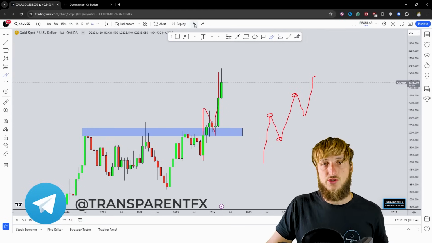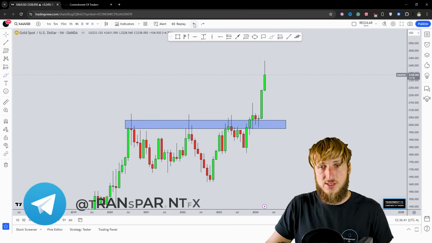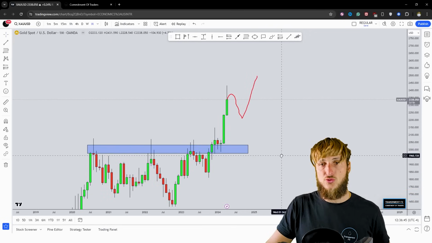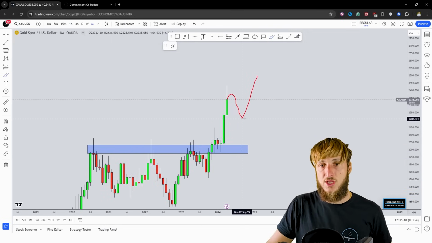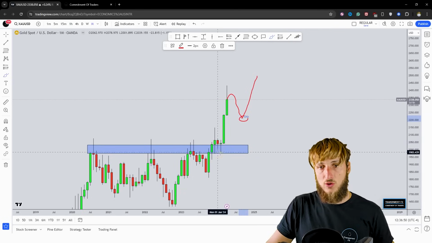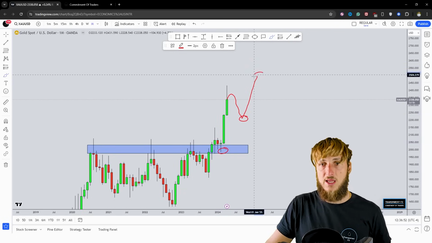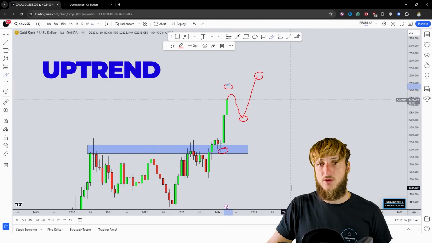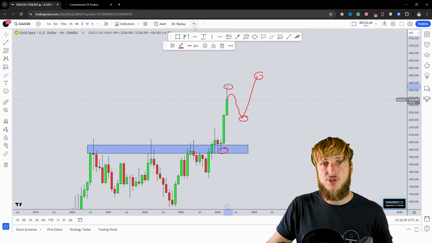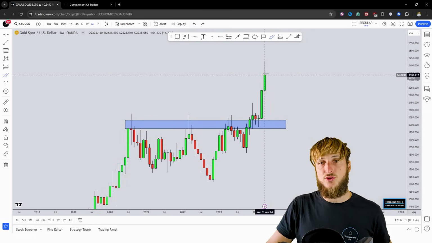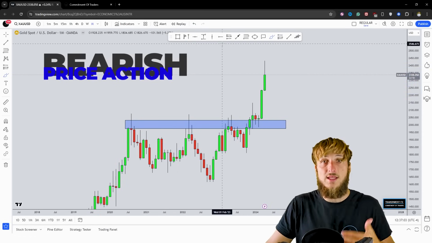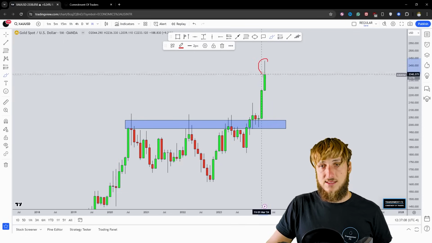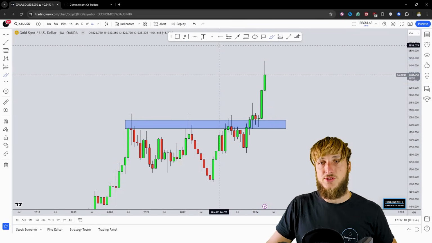Therefore, in a situation like this, the next logical step would be first to see a correction and then the continuation to the upside. Basically, for the market to first create a new higher low, so a low here higher than the previous one here, and then the creation of a new higher high, higher than the previous one that we have at this point, meaning that from a monthly perspective, we could expect some short-term bearish price action to be created. And in fact, the market has already started creating a move lower, since we can see here how we had the creation of this wick.